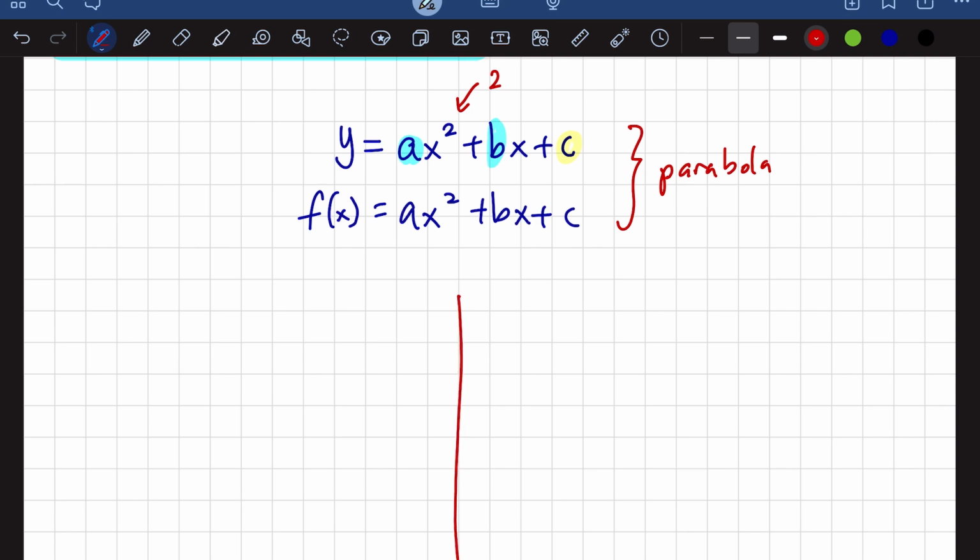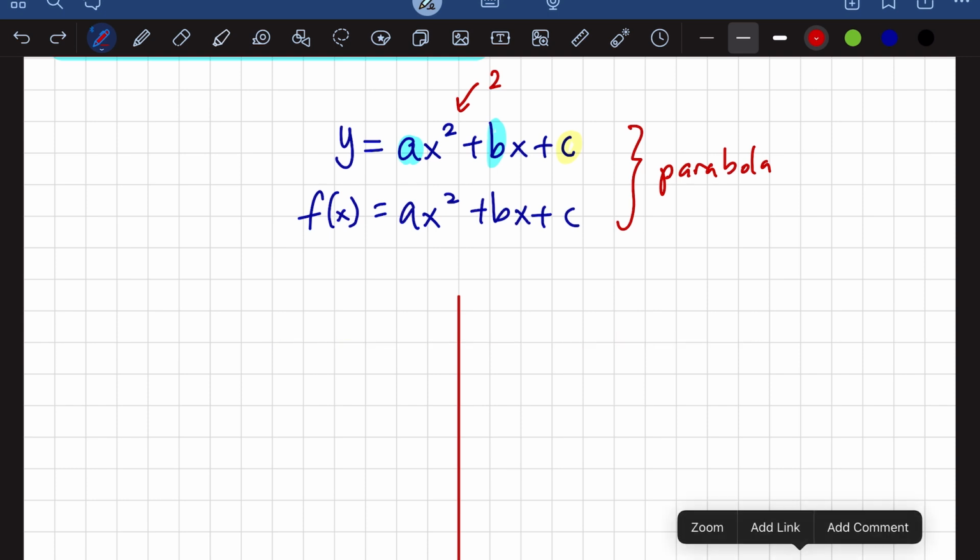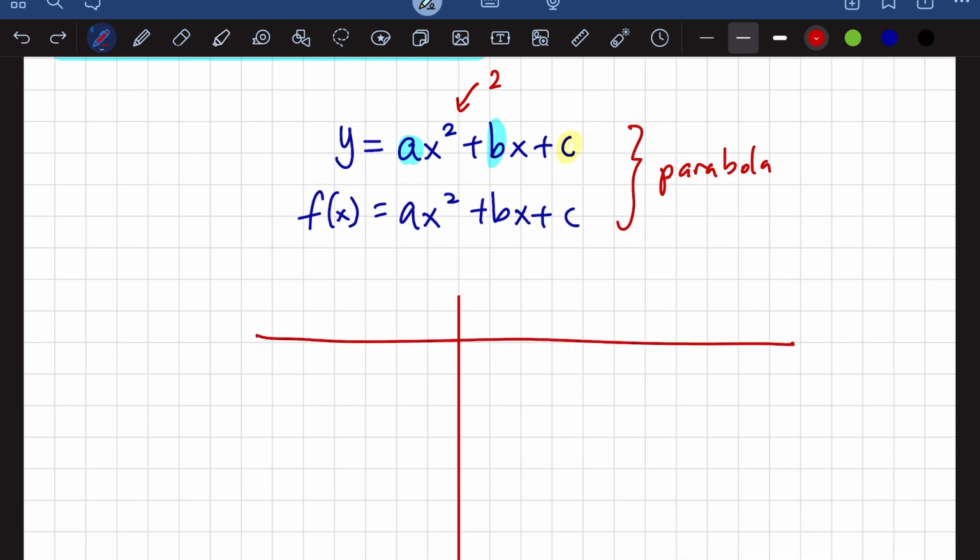Now, in the first example, if the coefficient of the x squared, in this case the a value, is positive, that means it's going to be more than 0. Now, how is the shape going to look like? It's going to look like a U-shaped curve, yeah.